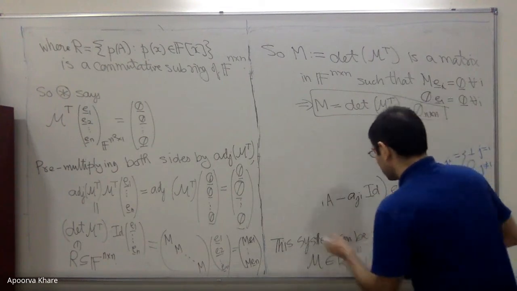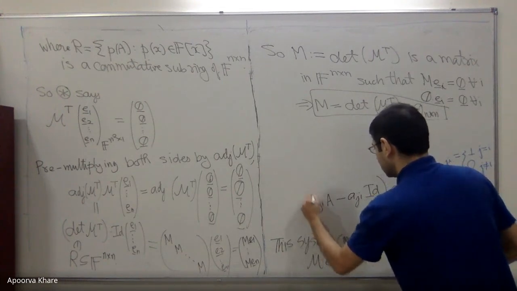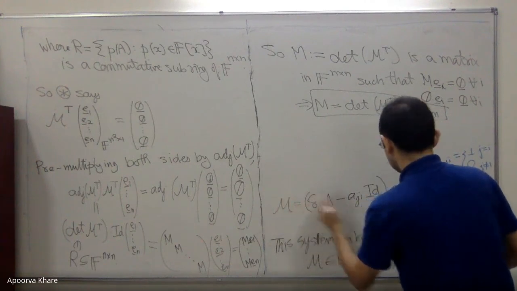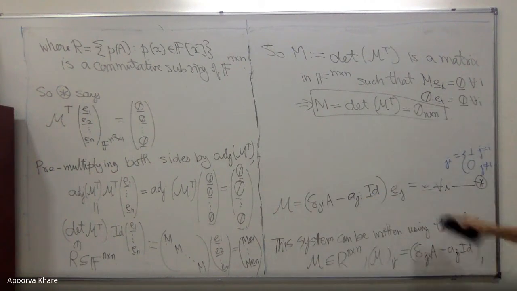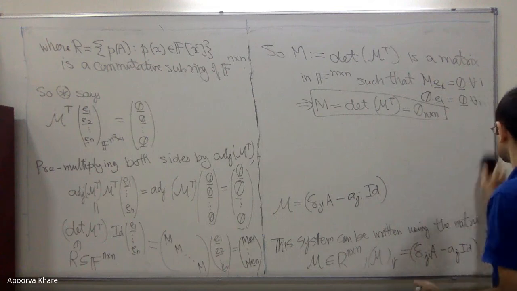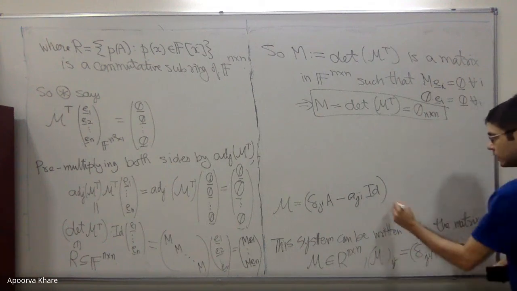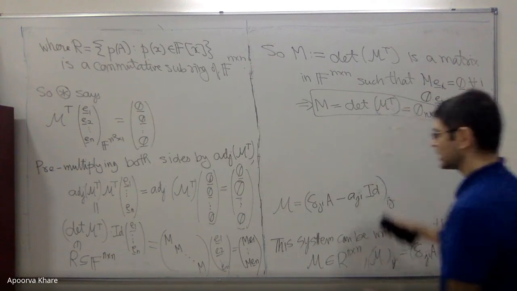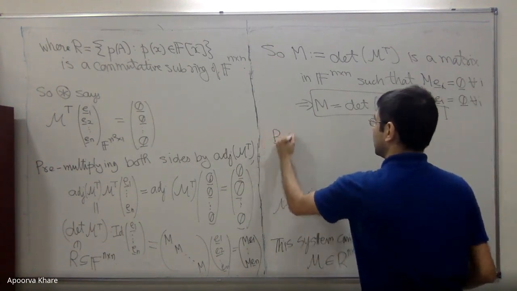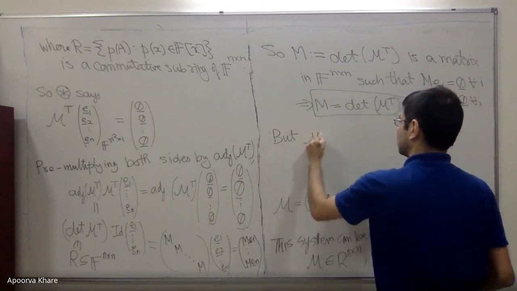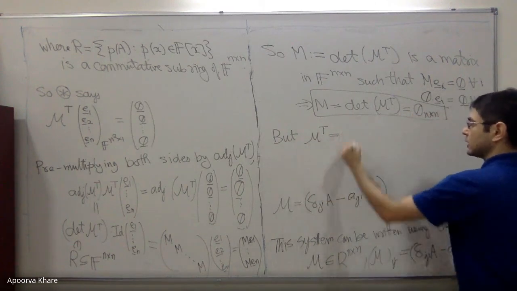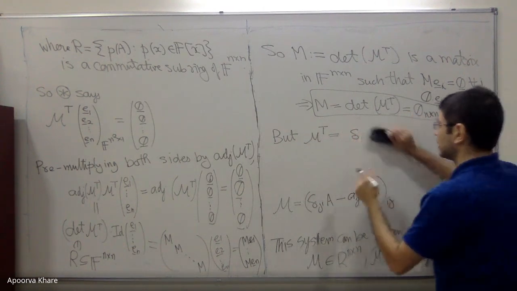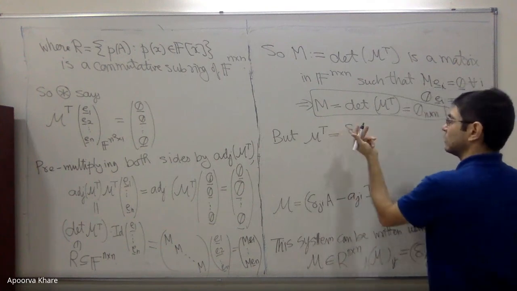Oops, no, this is why I don't want to delete this. If M is equal to that, then what is M transpose? It is literally delta ij A minus Aij, identity. I'll write this down nevertheless.